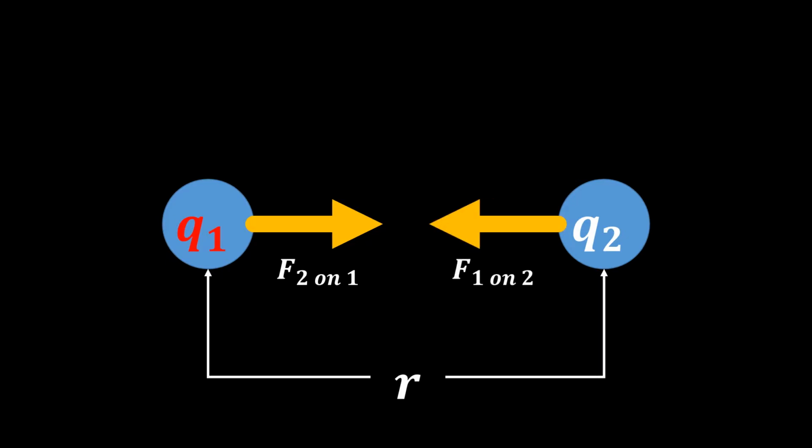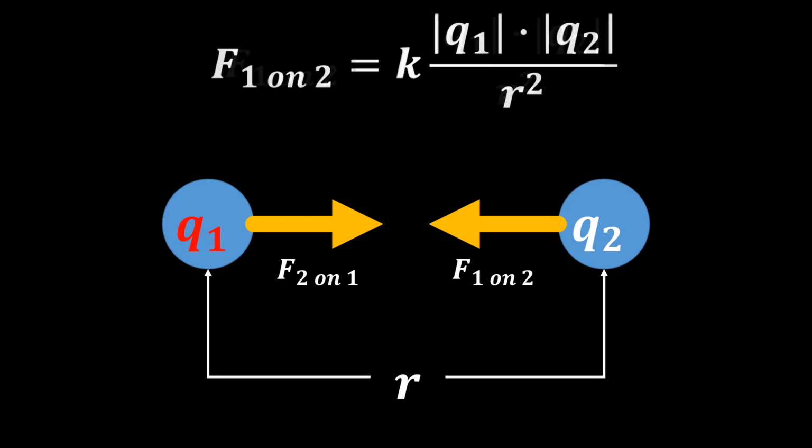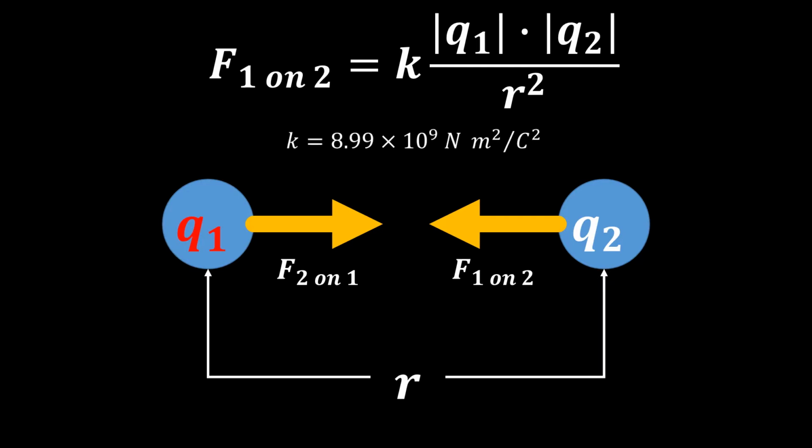The magnitude of the force exerted by object 1 on object 2 can be calculated as K times the magnitude of Q1 times the magnitude of Q2 divided by r squared, with Q1 and Q2 the charges of the objects and K a constant with value 8.99 times 10 to the 9 newton meter squared over coulomb squared.